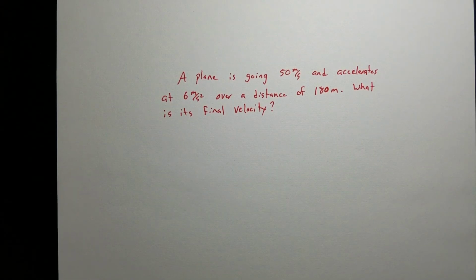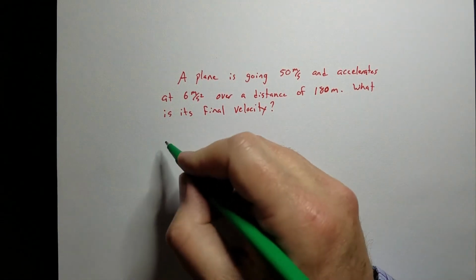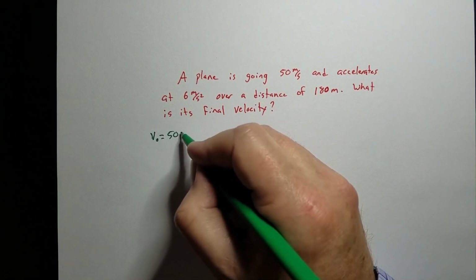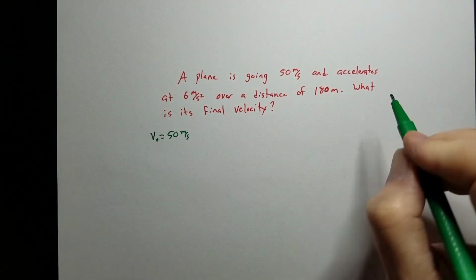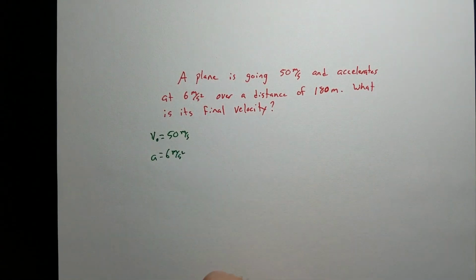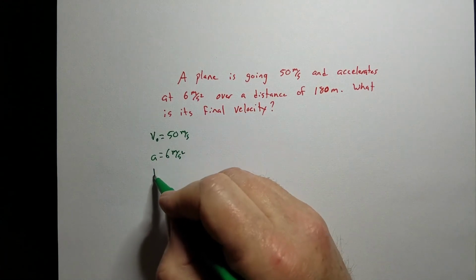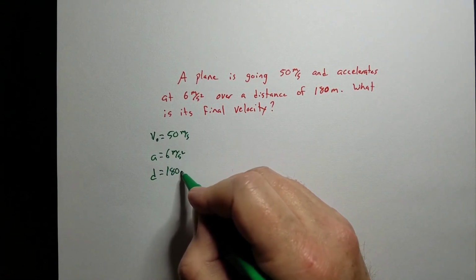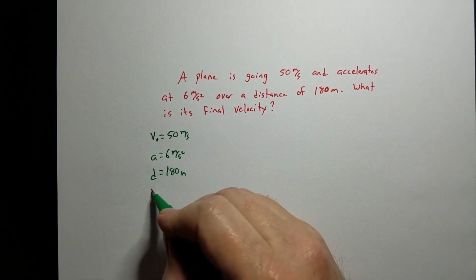Last one here. A plane's going 50 meters per second, so we've got an original velocity of 50 meters per second. It accelerates at 6 meters per second squared over a distance, or we can call it a displacement, of 180 meters. And we want to know the final velocity.